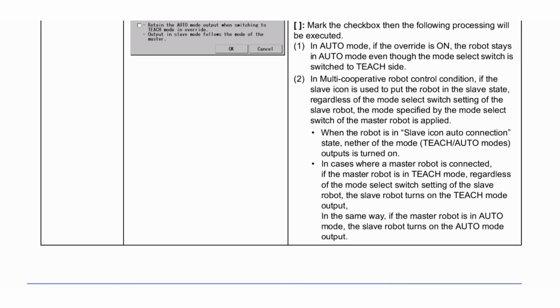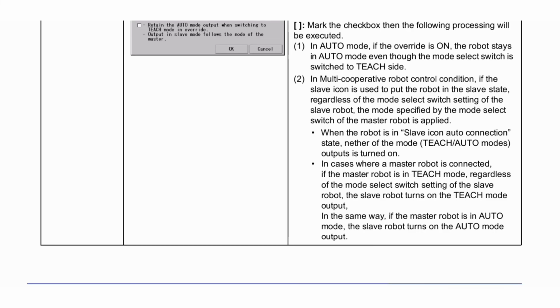Second, in multi-cooperative robot control condition, if the slave icon is used to put the robot in the slave state, regardless of the mode select switch setting of the slave robot, the mode specified by the mode select switch of the master robot is applied.